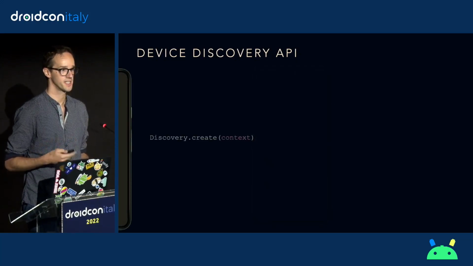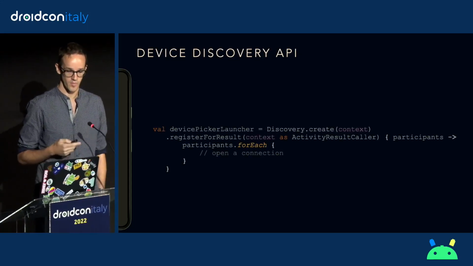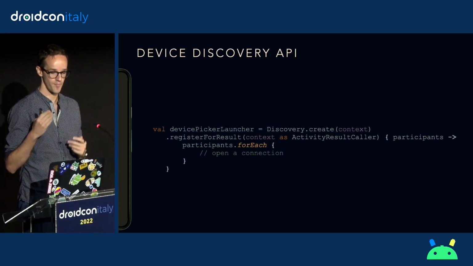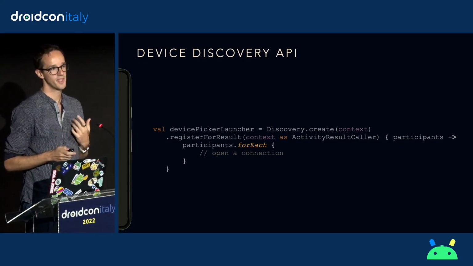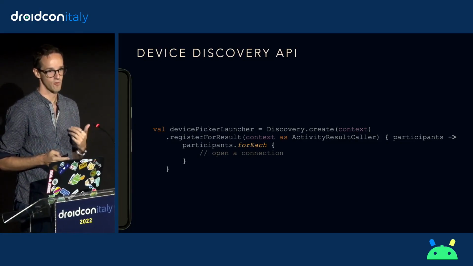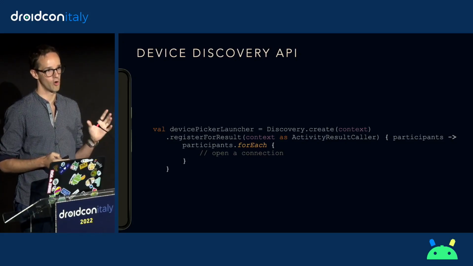We always start by taking an instance of this discovery API and then registering for a connection callback. This callback is the one that is going to notify us when the user picks, literally from the panel that we just saw, one or more devices.